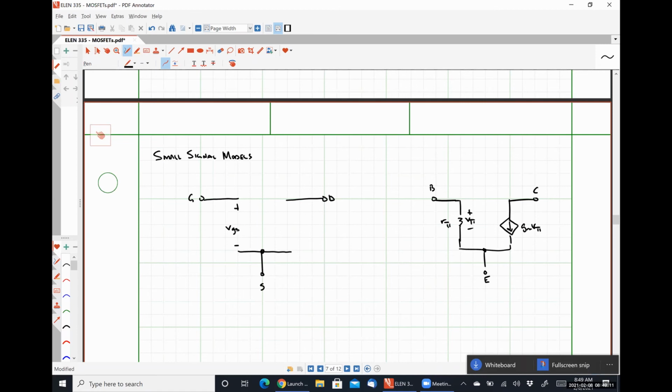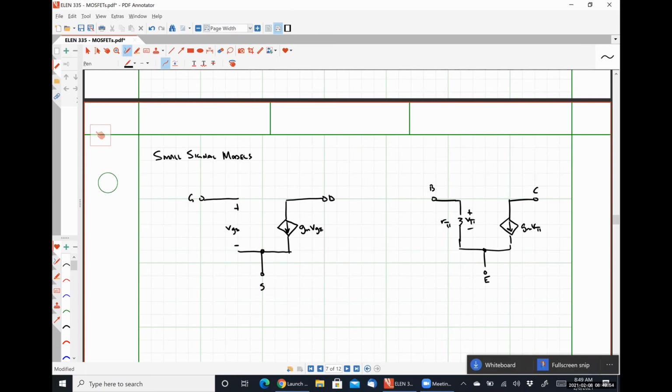On our right-hand side there, between the drain and the source, we are going to have effectively the exact same thing we had in our BJT small signal model: simply the transconductance multiplied by our input voltage, where the input voltage is vgs. So this is our baseline small signal model. When we include other effects, we are going to be adding things to this model, okay? So this is our baseline.